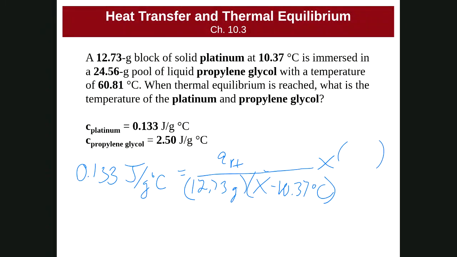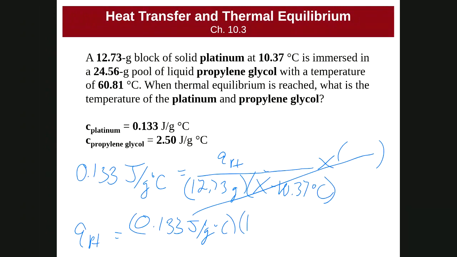So we're going to get Q platinum is equal to 0.133 joules per gram degrees Celsius times 12.73 grams times X minus 10.37 degrees Celsius. So that's our Q platinum, and it's going to be equal to negative QPG.